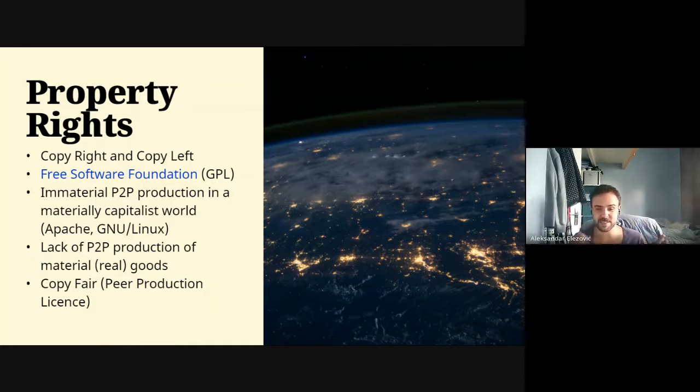This is a great idea, and ideologically it's perfect that people just come together to work on creating something that is free for everybody. But in a world where the capitalist world is still material, and these companies can freely use these creations that are for everybody in order to make money and to earn profit, there are some other kinds of licenses that started popping up, such as the peer production license, which only allows certain kinds of organizations to use products protected by these licenses.